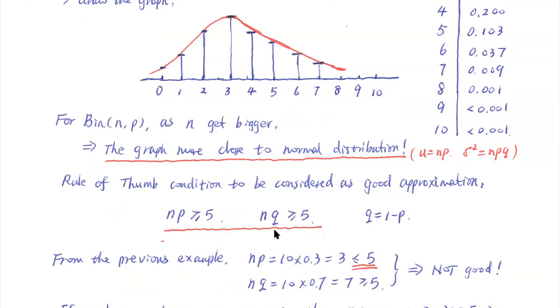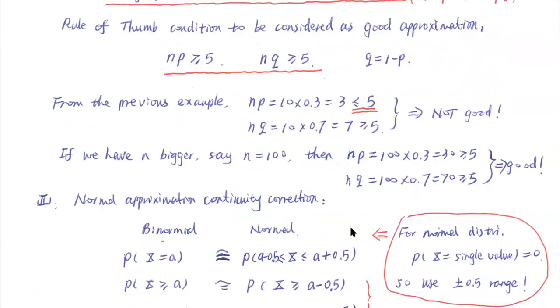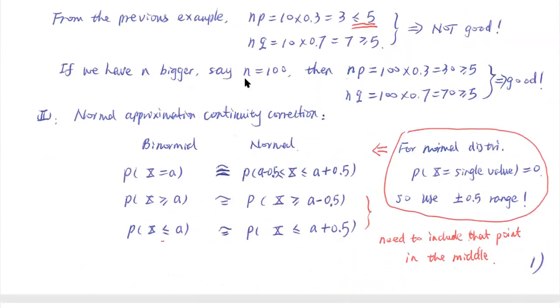If those 2 conditions are satisfied, then using the normal distribution for the calculation is a very good approximation. In terms of calculation, I don't require this piece.